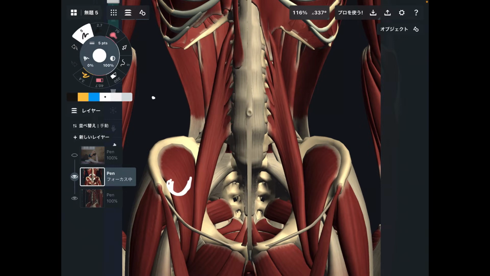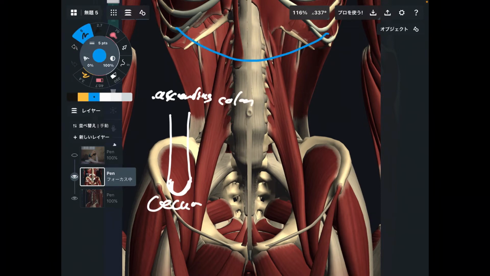This is cecum. The cecum, and it becomes to ascending colon. Ascending colon. Then ascending colon becomes to transverse colon. However, transverse colon doesn't have relationship with iliopsoas. Cecum and ascending colon has relationship with iliacus and slightly psoas.